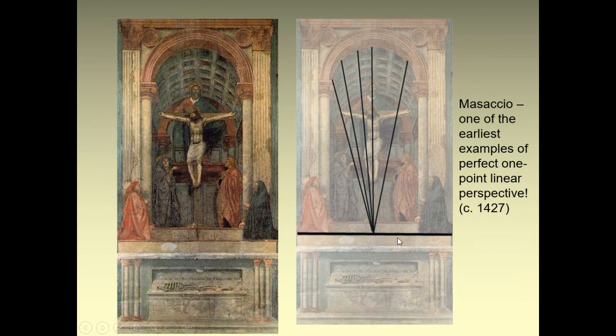That line that you see here is actually pretty much where average people's eye level is. If you took all of the people in our class and averaged out how high our eyes are from the ground, we'd be somewhere in the neighborhood of this line. And it really does appear that from that point, those lines in between the details in the roof, or ceiling rather, all meet at the same point.